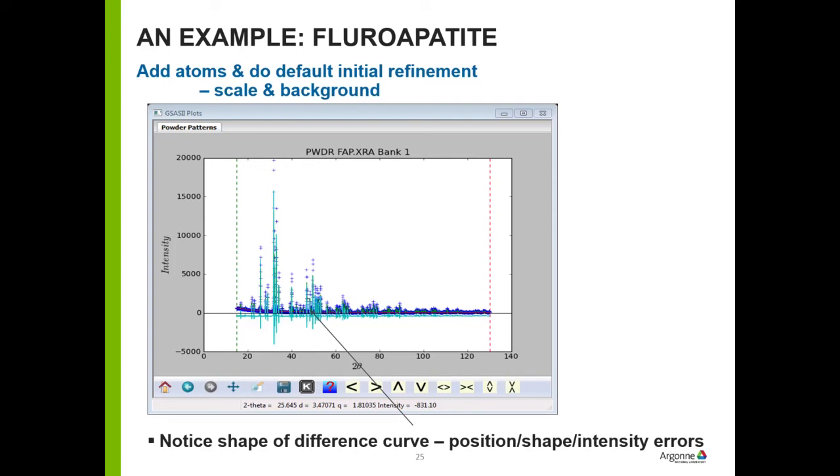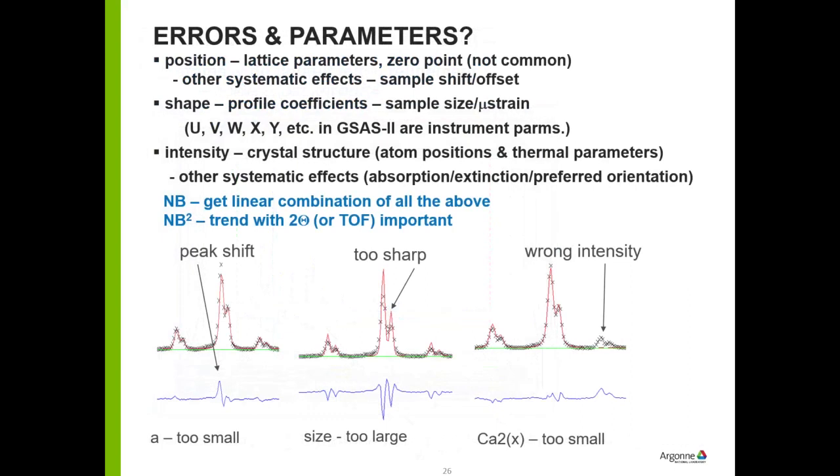Okay, that's very important. And here's the kind of thing you should look for. If the peak is in the wrong place, then the resulting difference curve will look like a first derivative. It'll go up and then down and then back to 0, because the peaks are in the wrong place. This is because, say, a lattice parameter is wrong, or a sample displacement is wrong, or something like that, which affects the positions of the peaks.